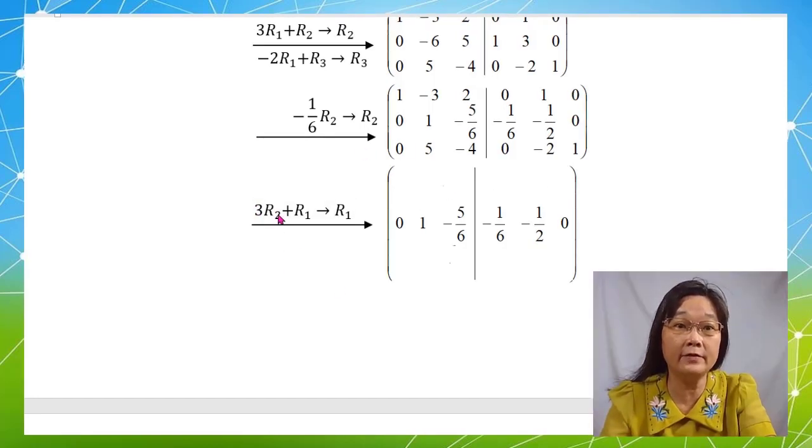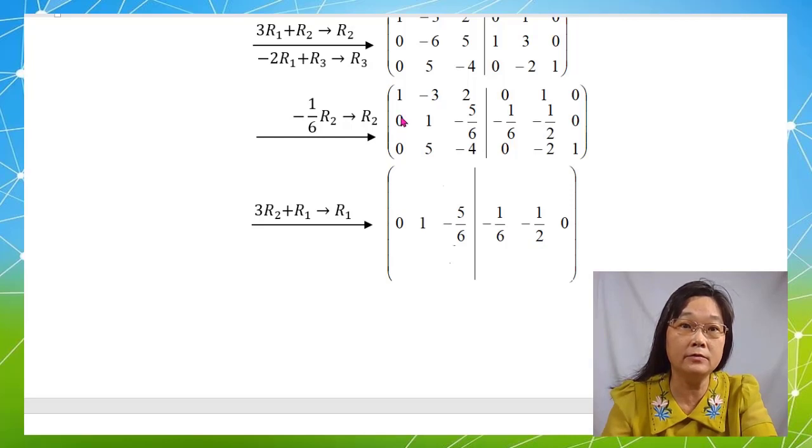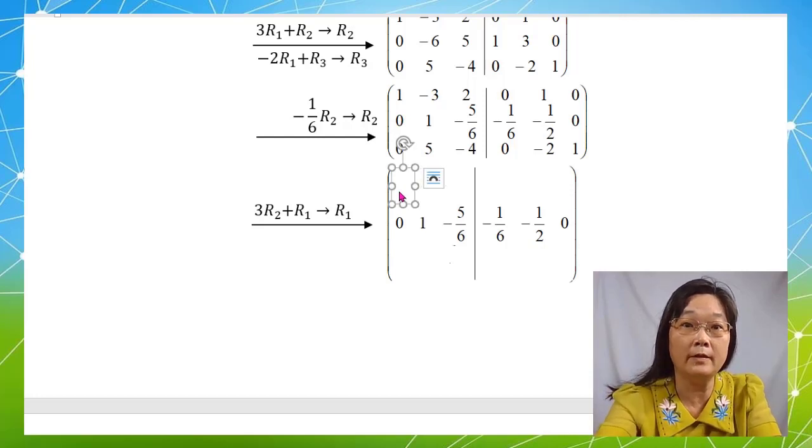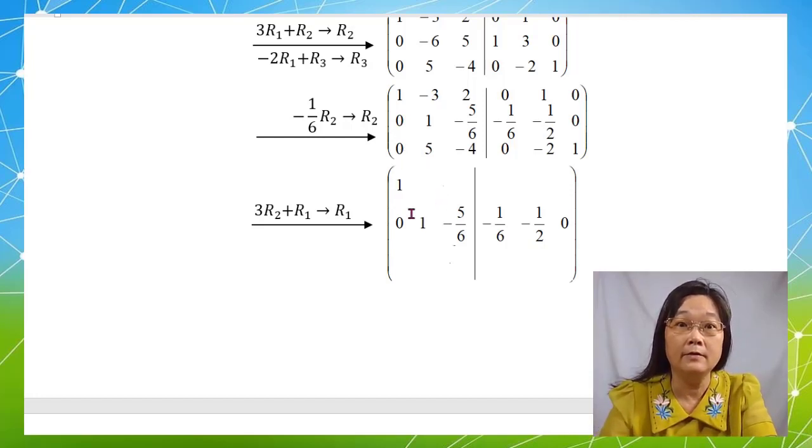Now we start from the first number. Now the first number in row 2 is 0. 0 times 3 is 0. Then 0 add 1, it is equal to 1. Then for the second number in row 2 is 1. 1 times 3, it is 3.